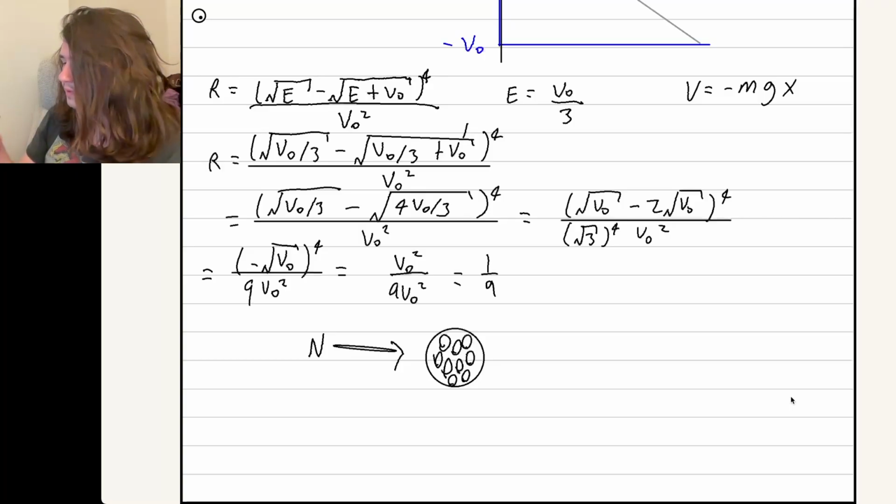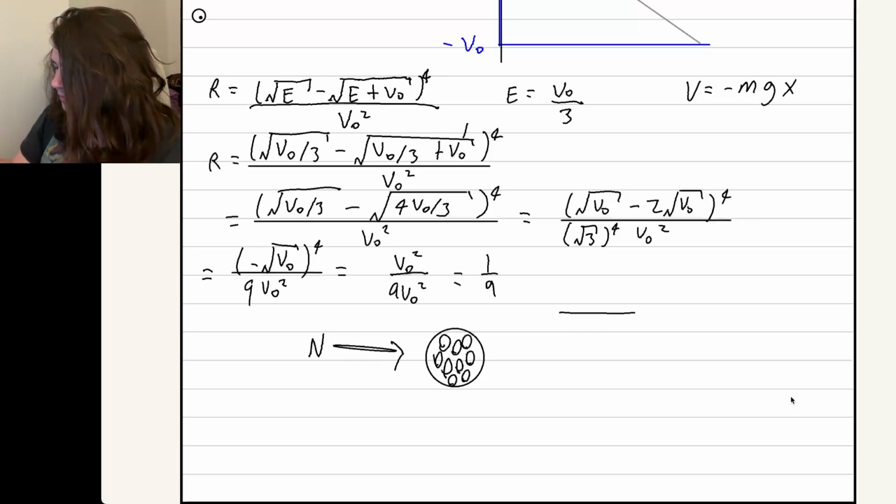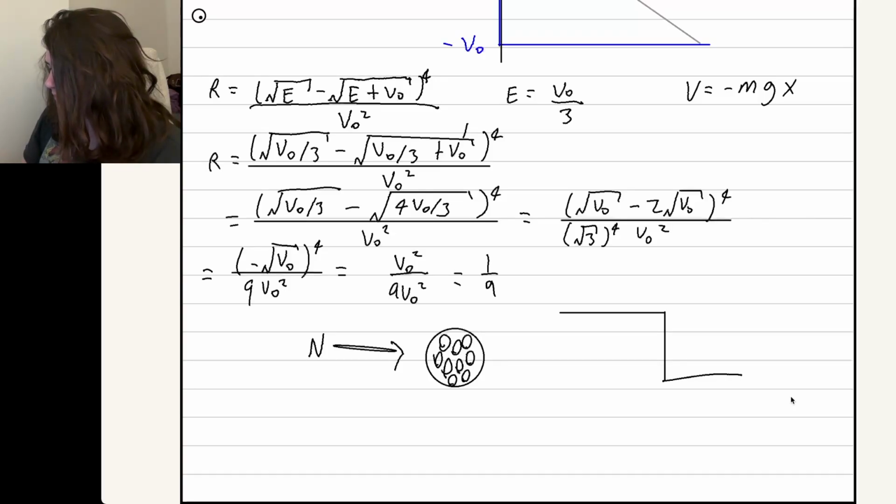again, we sort of did this problem already because it's the same sort of plot, right? The neutron is experiencing essentially zero potential outside of the nucleus, but inside the nucleus, it is experiencing a potential of minus 12 mega electron volts. So this is 0 here.